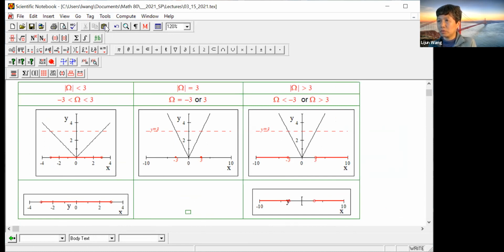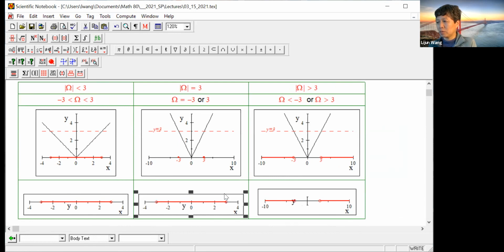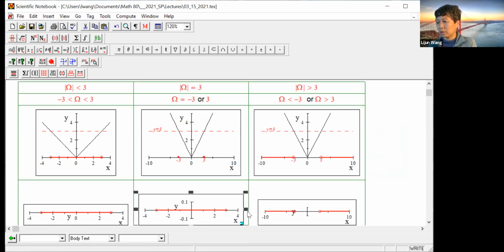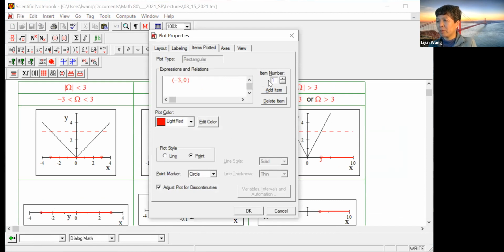And with equals to 3, I'm going to just quickly work out these, just give you the visuals as a summary. Dot, dot, gone, dot.